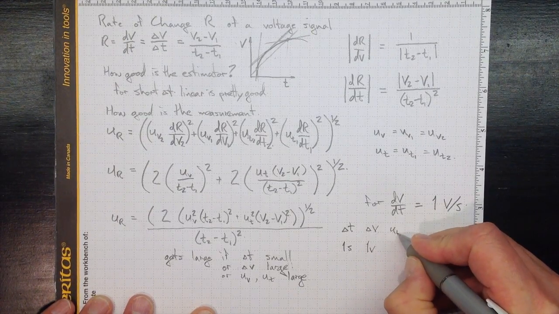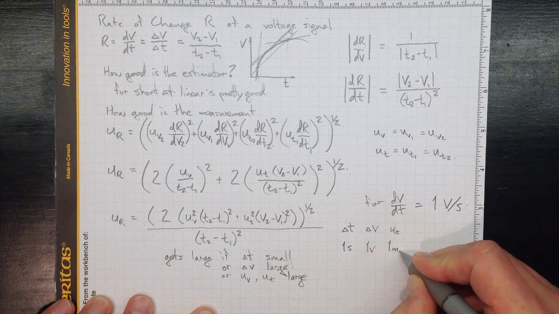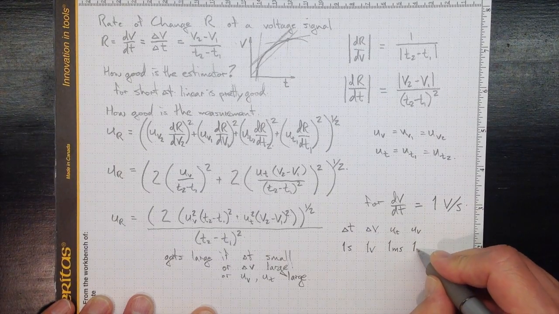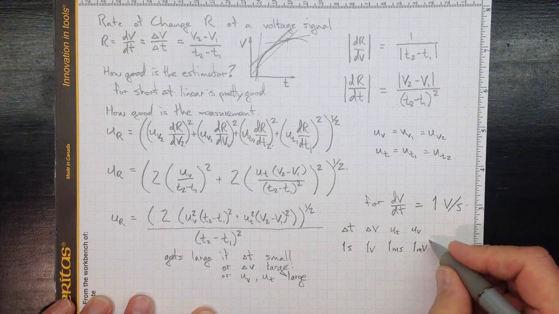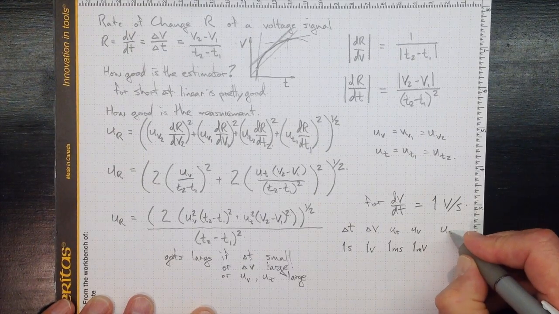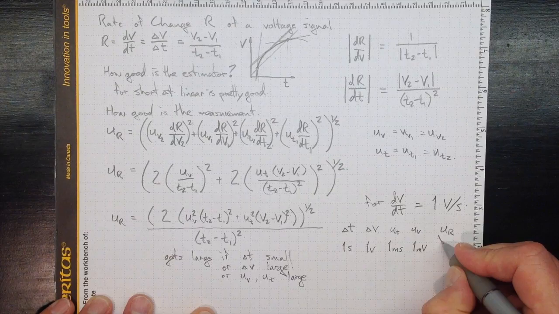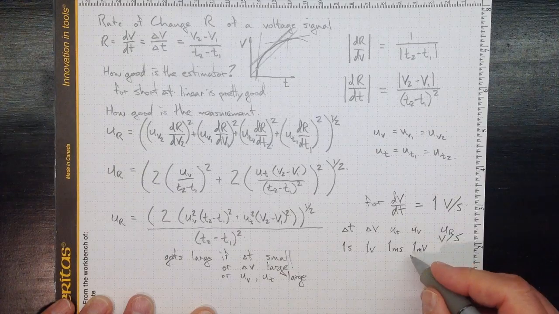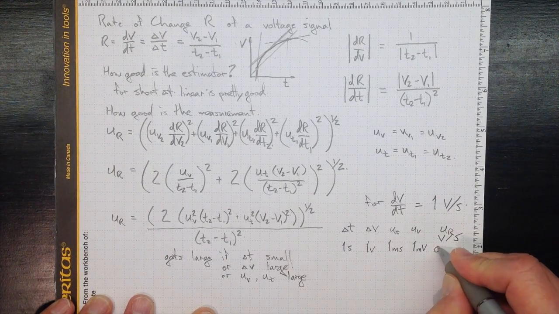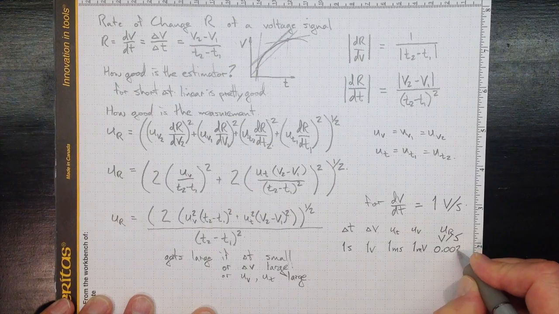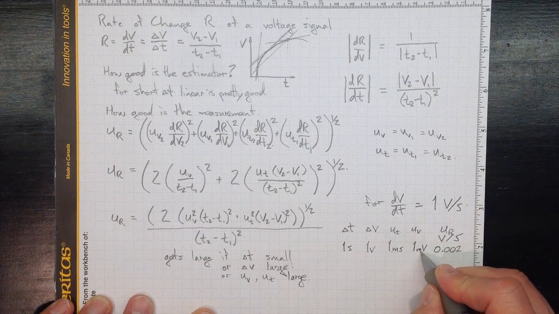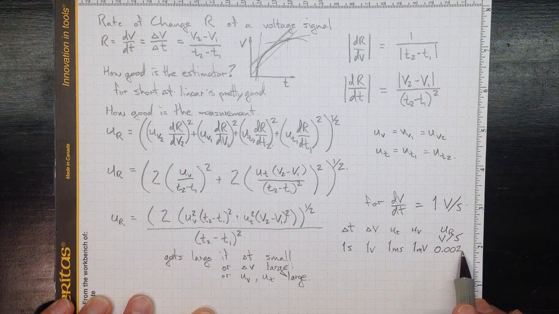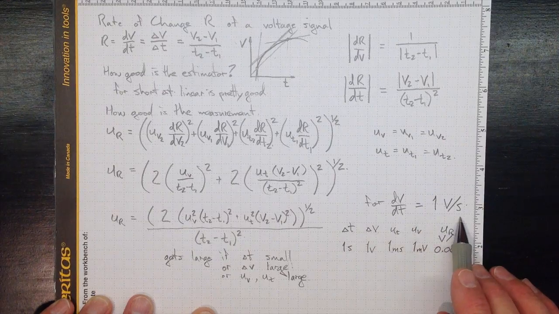If the uncertainty in the time base was 1 millisecond, and the uncertainty in the voltage was 1 millivolt, then the combined uncertainty in the result, measured also in volts per second, punching the numbers through, winds up being 0.002. 1 part in 1,000 error in each of these turns out, once we do the math, to give 2 parts in 1,000 error in this slope result.